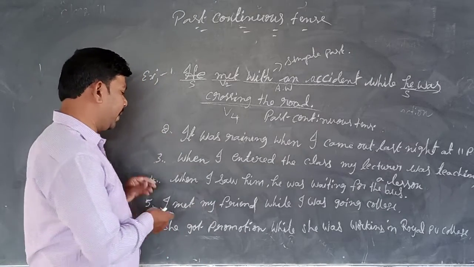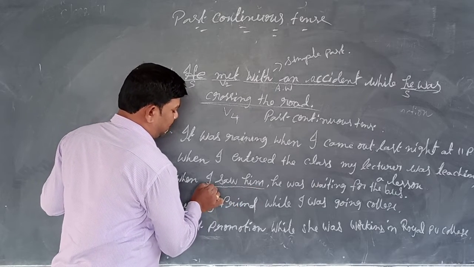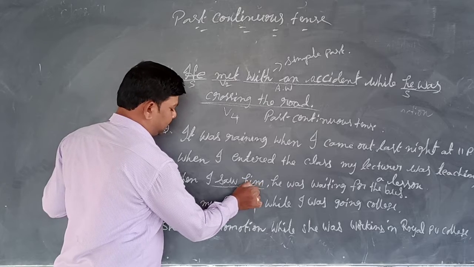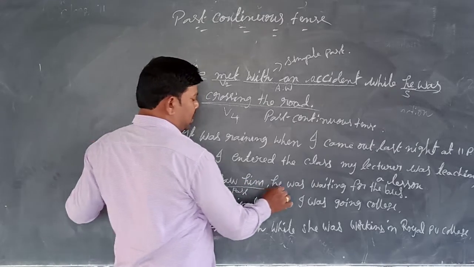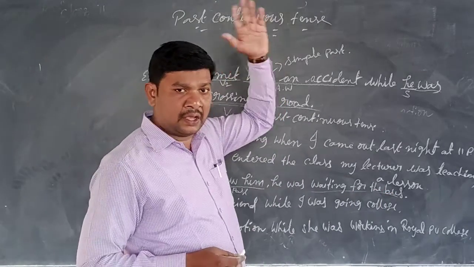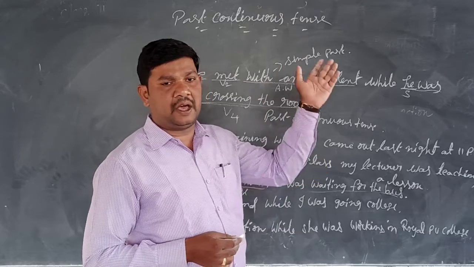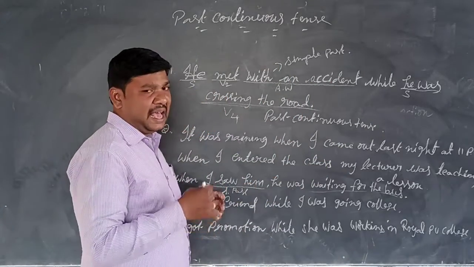When I saw him, it is a simple past tense, subject and V2 and additional word. He was waiting for the bus. It is a long time. He is waiting so much time, from morning onwards he is waiting for the bus, a long action. Unexpectedly, I saw him.